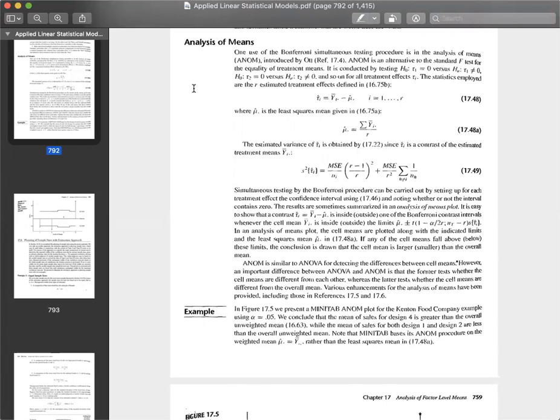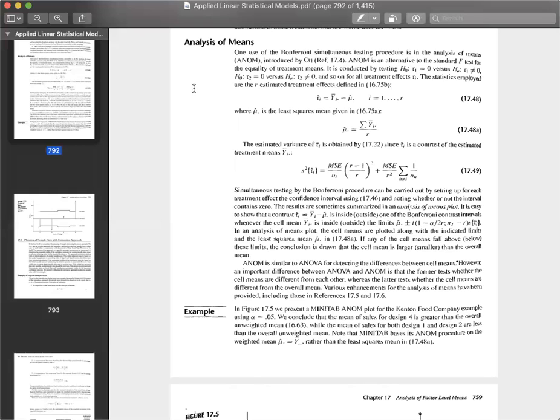The estimated variance of tau i hat is obtained by 17.22, since tau i hat is a contrast of the estimated treatment means Y i dot bar, where S squared of tau i hat equals MSE times (1 over n_i times (r minus 1 over r) squared, plus 1 over r squared times the summation over j not equal to i of 1 over n_j).